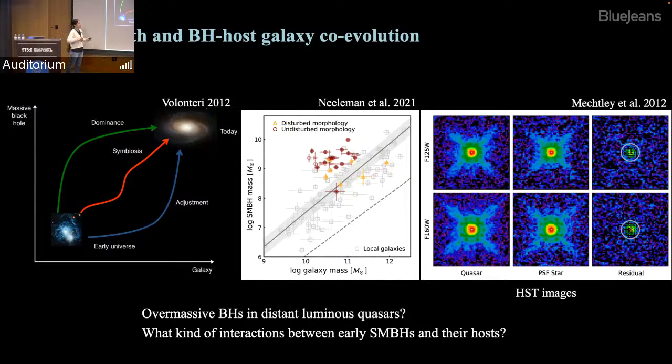Observations of high redshift quasars, in particular the luminous quasars, tell us that there could be overmassive supermassive black holes compared to the host galaxies, relative to the relation we learned from the local universe. That is the solid line, and also the dashed line. And here are the red and orange points from high redshift luminous quasars.